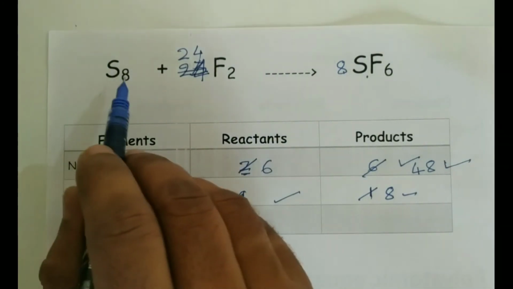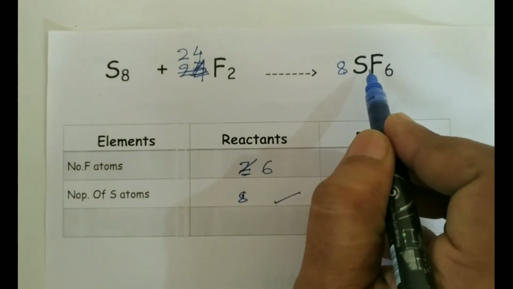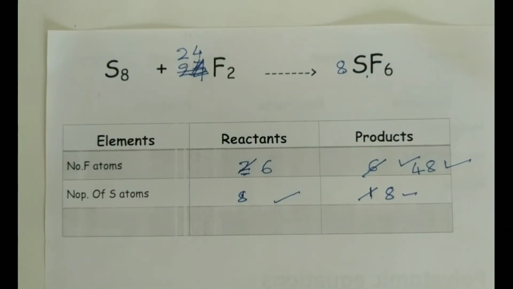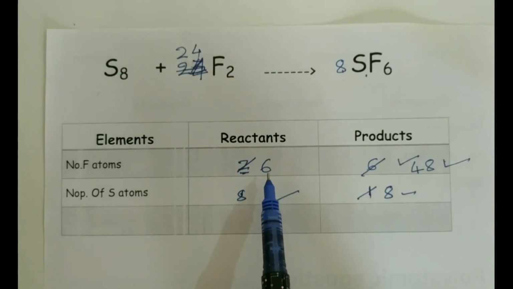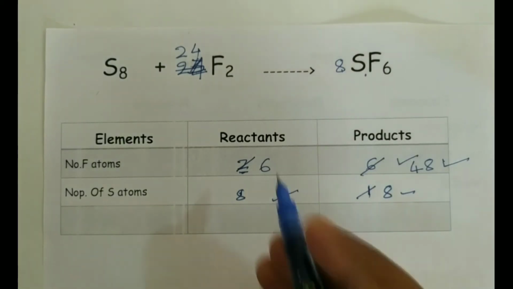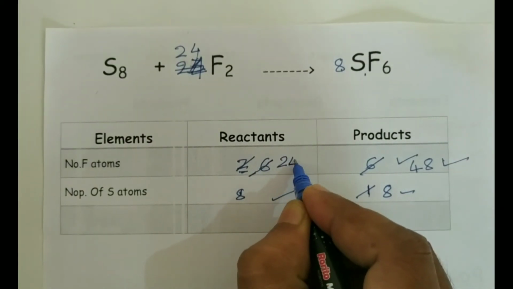Now see, S8 plus 24 F2, arrow, 8 SF6. Now the chemical equation is balanced. Are you getting this? This chemical equation is now a balanced chemical equation. See, it becomes 24, right?